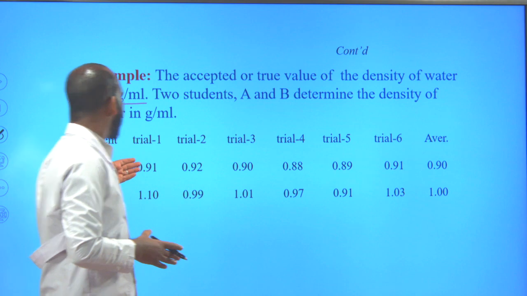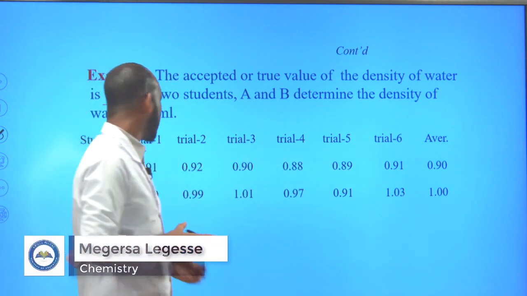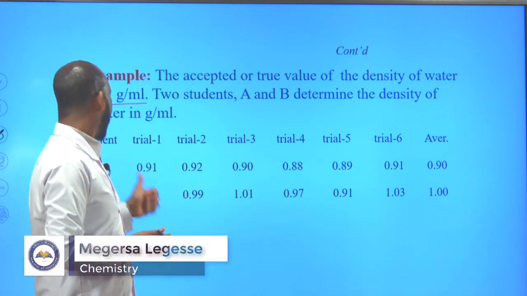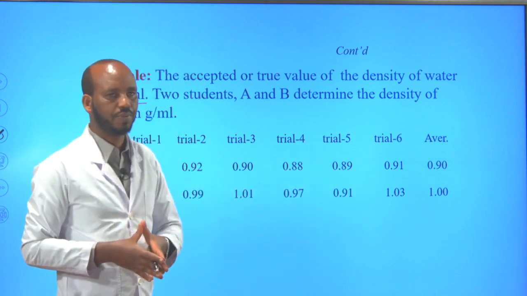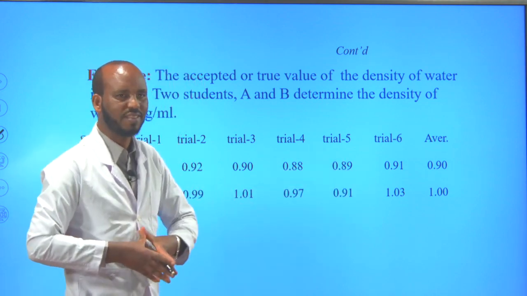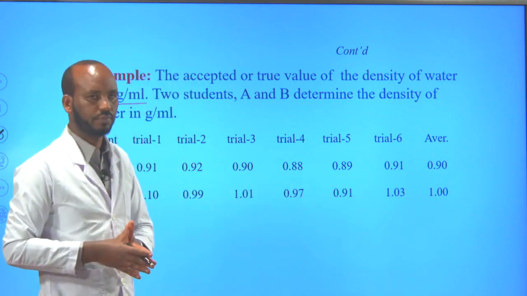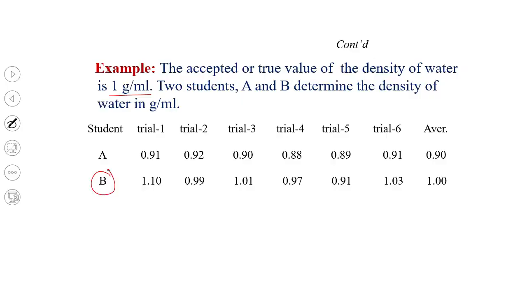Measurements of student A are closer to each other than measurements of student B. Therefore, data of student A is more precise than data of student B.